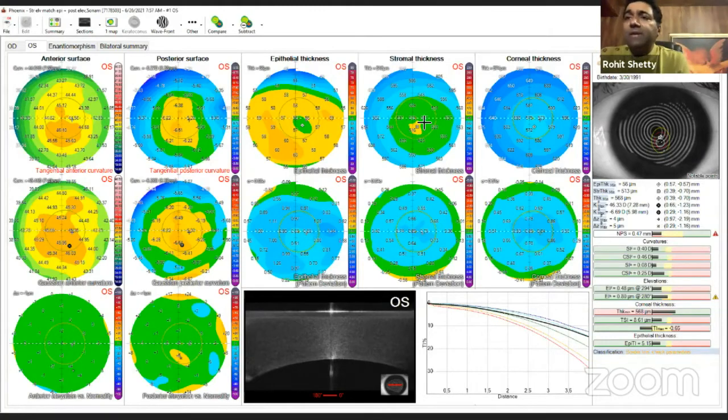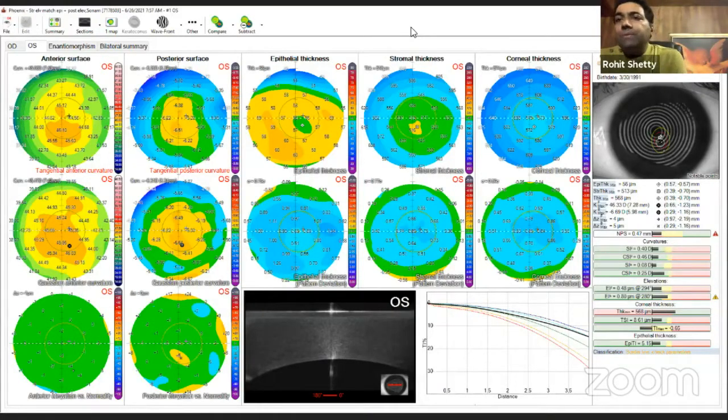This is where many people tell me, why should I buy a costly machine that is going to burn my pockets? I would say the opposite. If this was any other conventional topographer, you would see an inferior steepening.